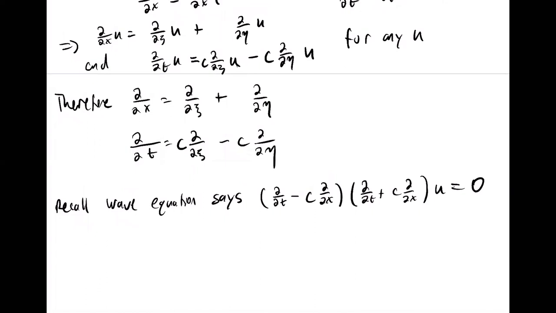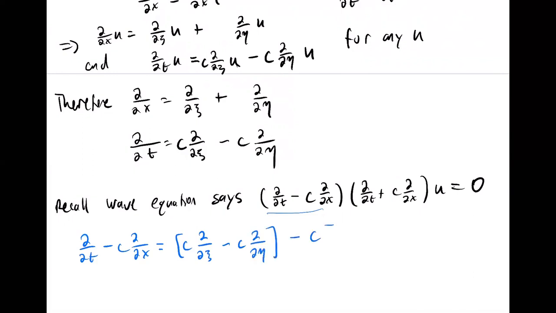Let's look at the first term. What is d dt minus c times d dx in terms of the other coordinates? Well, I'm going to plug in c times d d xi minus c times d d eta, and for the second term, I have minus c times d d xi plus d d eta.